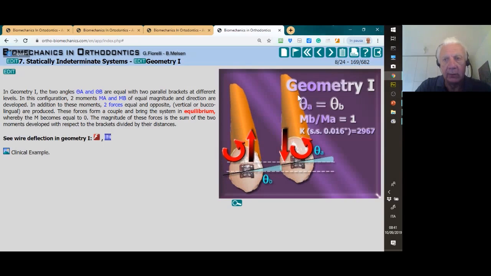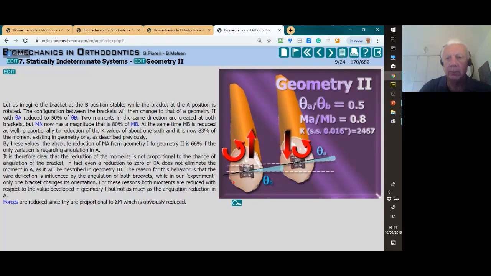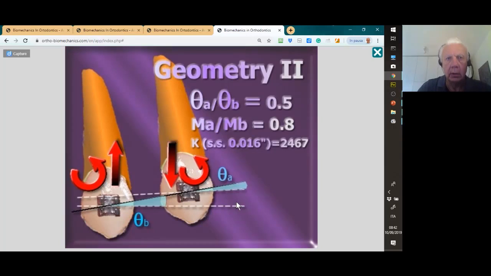Now we pass to geometry 2. In geometry 2, we have had a rotation of this bracket, of this tooth here, so that this angle has been reduced. Now the ratio between the two angles is 0.5, and this means that we have also a reduction of the moment here.